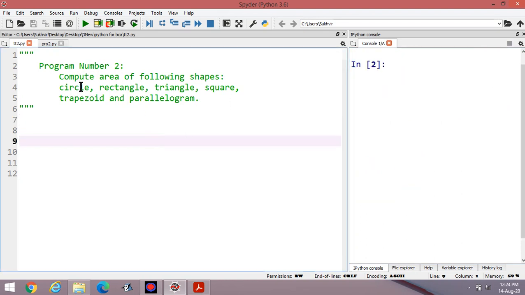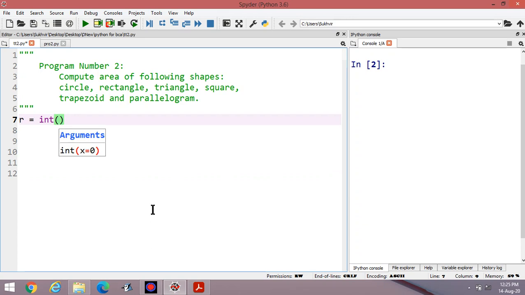This one is the program. It's program number 2. Compute area of the following shapes: circle, rectangle, triangle, square, trapezoid and parallelogram. Suppose I have to calculate the area of the circle. For that, one variable is required, that is r.